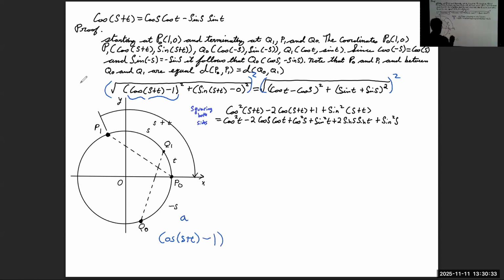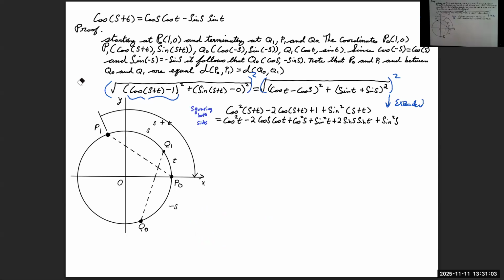Think back to a minus b squared is a squared minus 2ab plus b squared, but now it's cosine of s plus t. Okay, so that's what I did. That's how I got to the next step. So from here to here, I've expanded it out. So once I have that, what do I have?